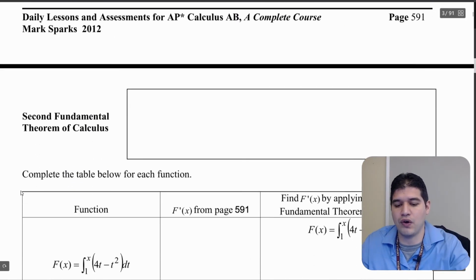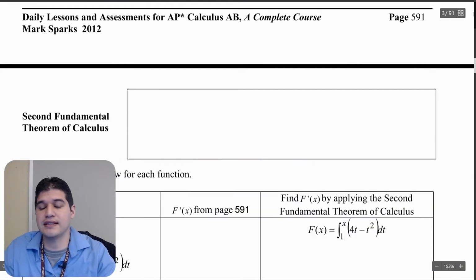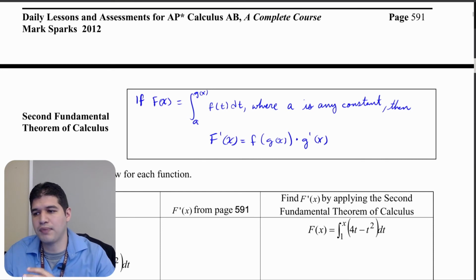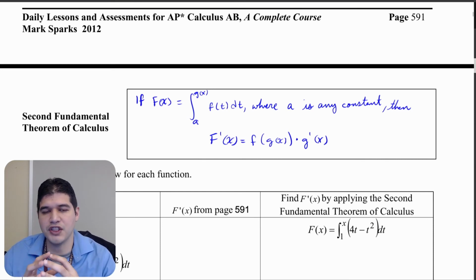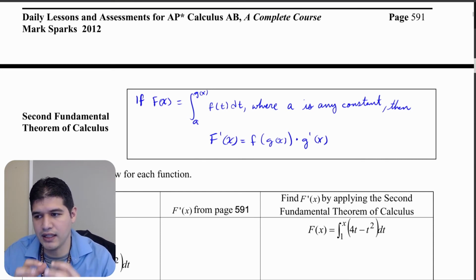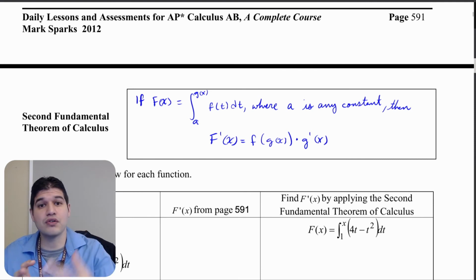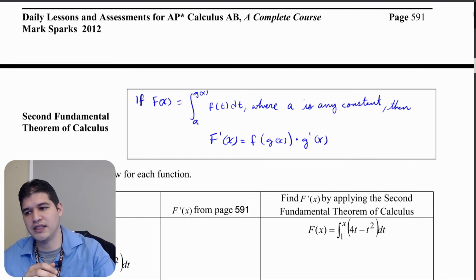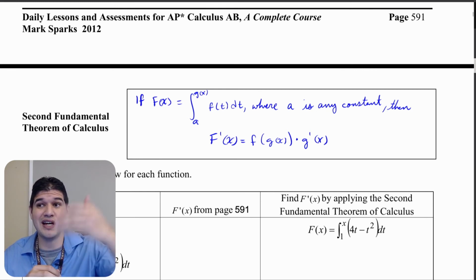But we're going to get into it now. All right, here is the second fundamental theorem of calculus. What we're looking at are composite functions. If you have a function defined by an integral and you want to find the derivative, all you're going to do is substitute in whatever that upper bound is.